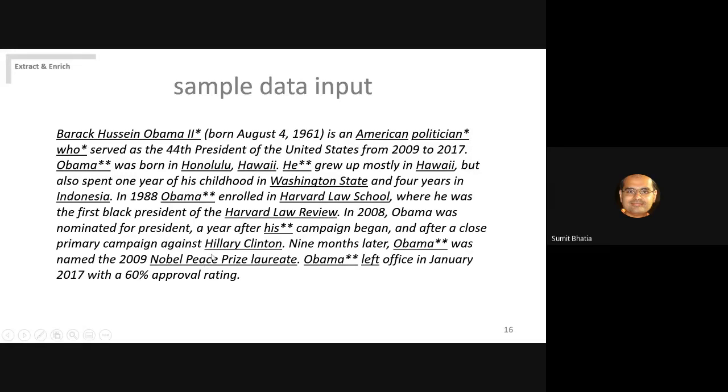And actually, in many cases, it may not always be possible to find a single well-defined relationship between two entities. You may not be able to define how Barack Obama and Hillary Clinton are related together. Or maybe your T box did not have that information, or the system was not able to identify, or it was not trained to identify those types of relationships.